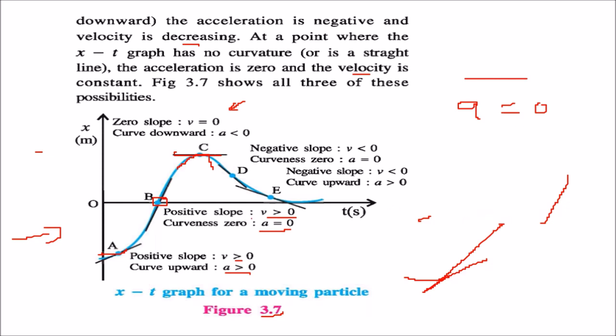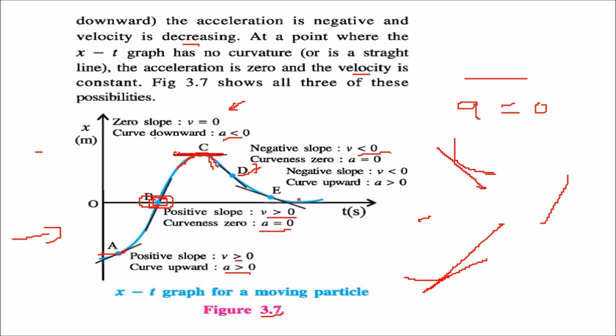It is just like this. There is no curvature, so acceleration is equal to 0. When we come here, it has a negative slope, so velocity is less than 0. And since it is curving upwards, we say that acceleration is greater than 0.